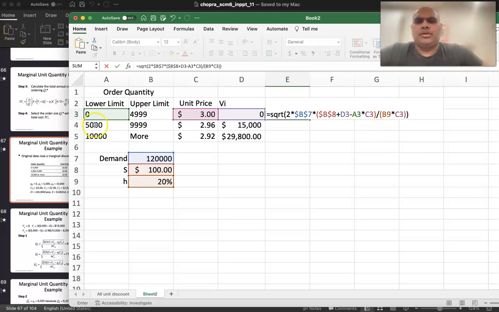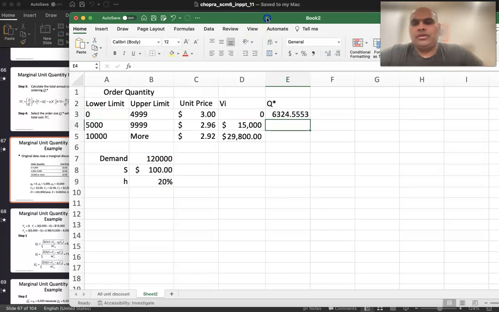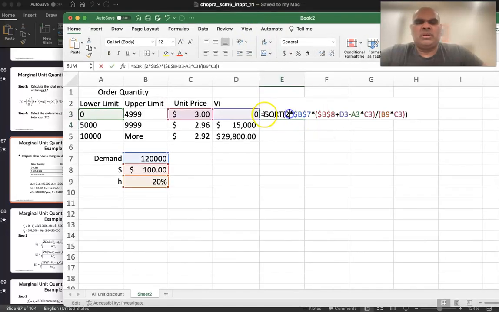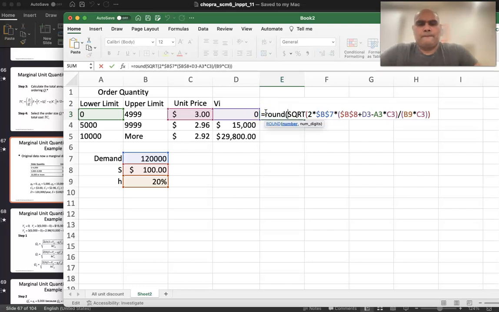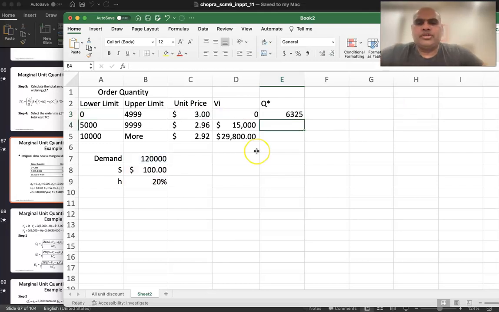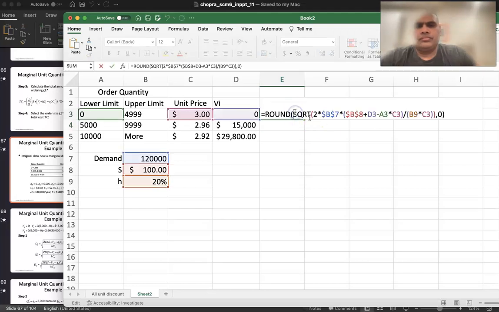Now that's basically 0, I mean, the lower limit is 0, so it's not going to make that much of a difference. 6324, so again, I'm going to round this. Don't forget to round it. 6325. That should be an absolute reference, C0.